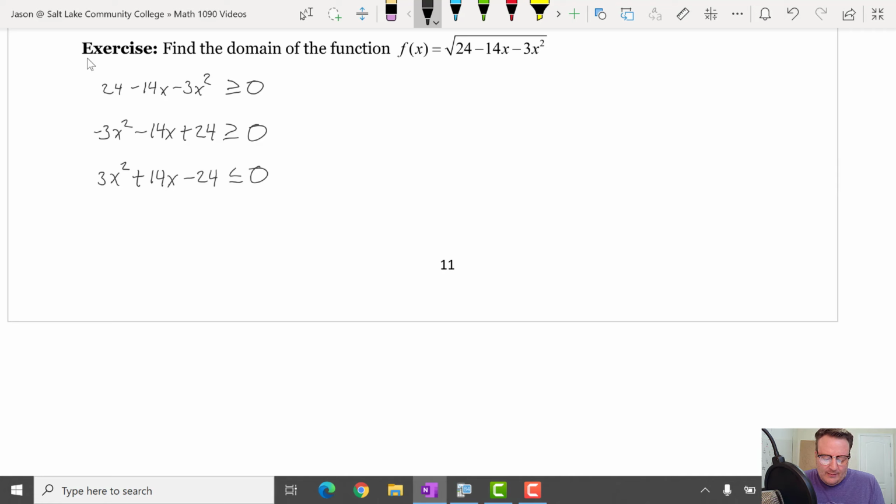Okay. I think I can factor this now. I think this will be 3x and x. And I need two numbers which multiply to 24.